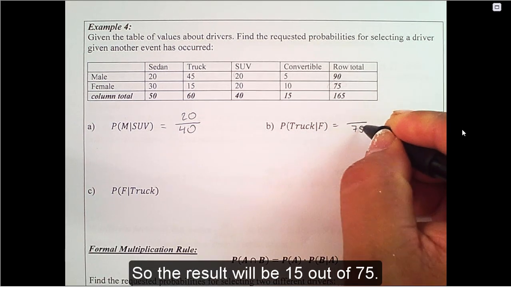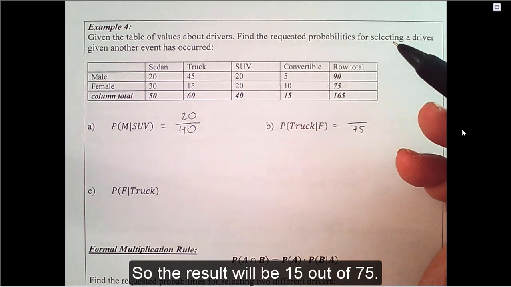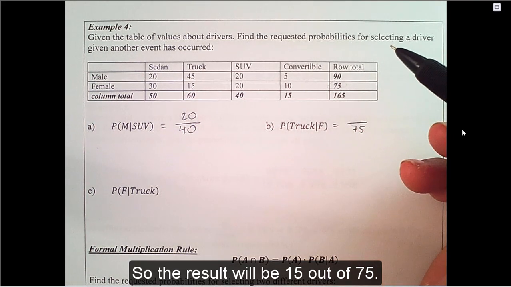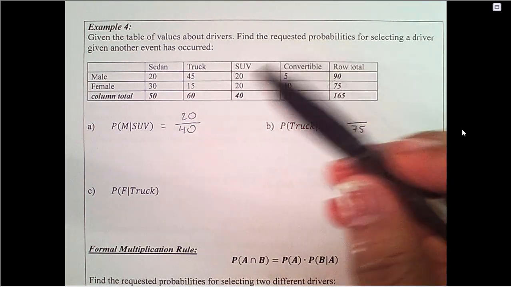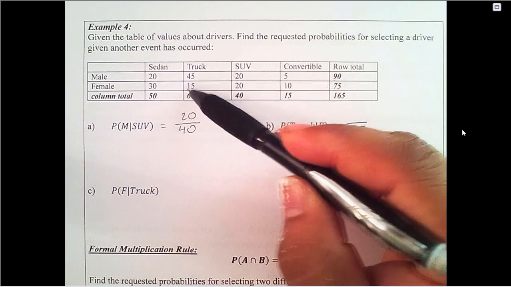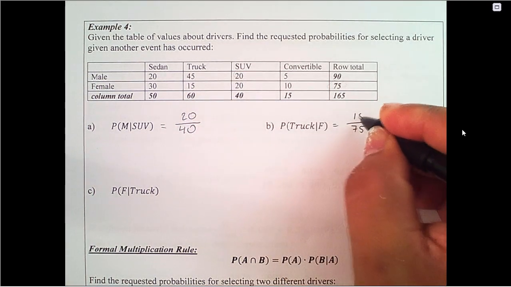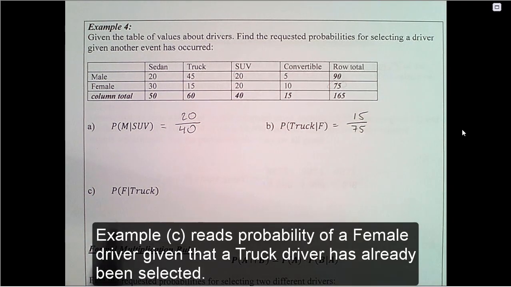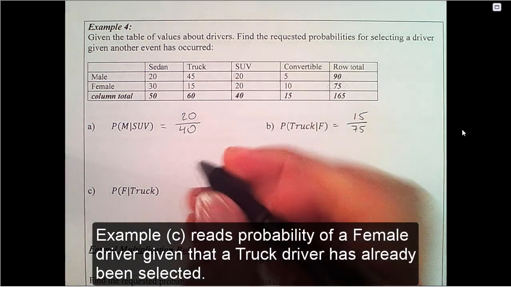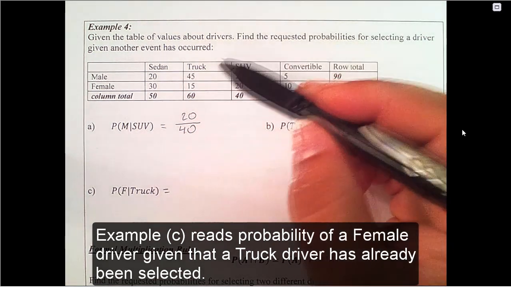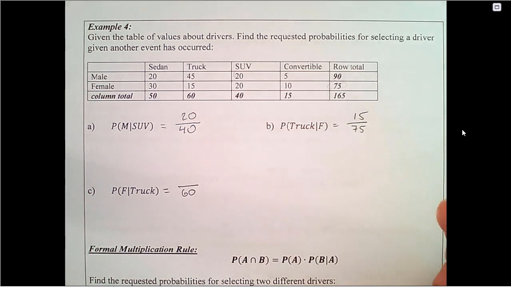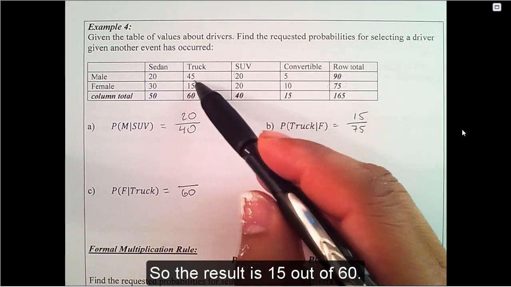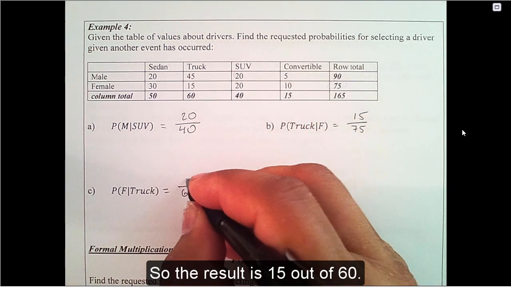So the result will be 15 out of 75. Example C reads probability of a female driver given that a truck driver has already been selected. So the result is 15 out of 60.